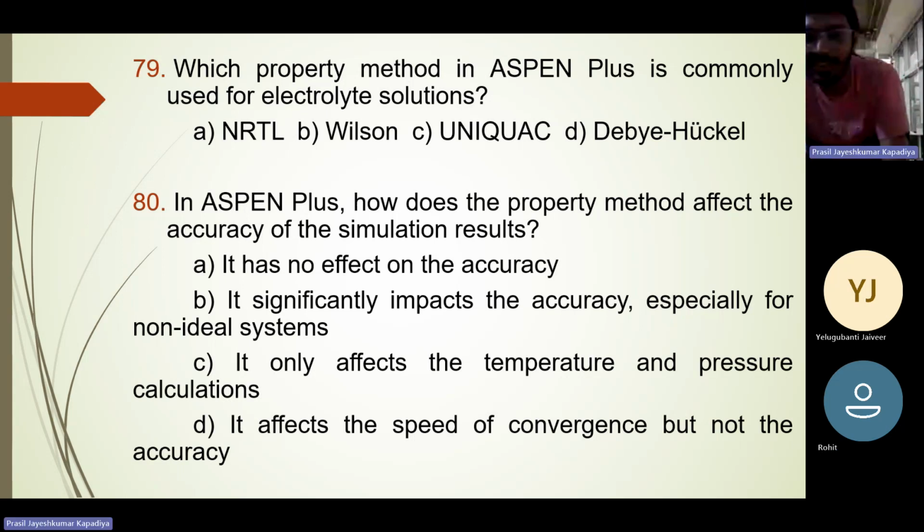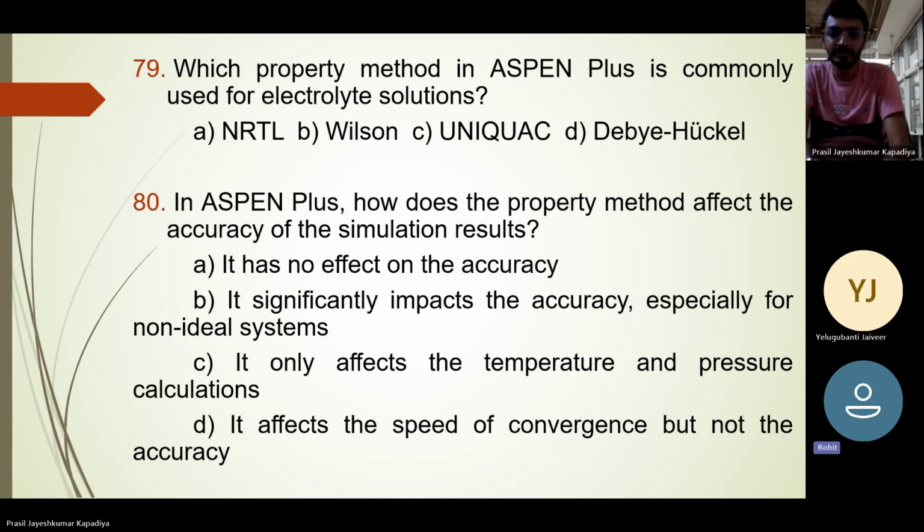Okay, last question. In Aspen Plus, how does the property method affect the accuracy of simulation results? Option A says it has no effect. Option B says it significantly impacts accuracy, especially for non-ideal systems. Other options say it only affects temperature and pressure calculations, or the speed of convergence but not accuracy.